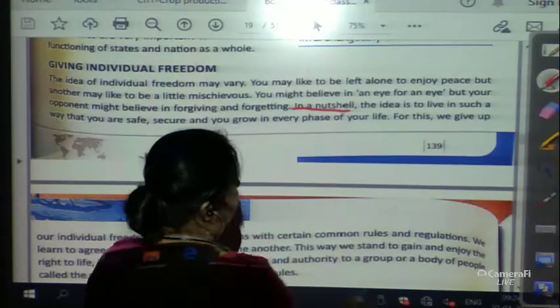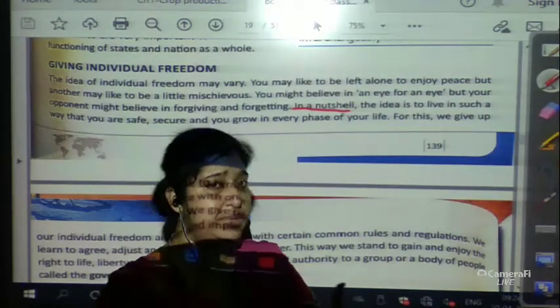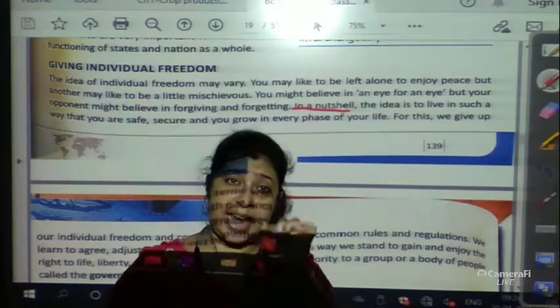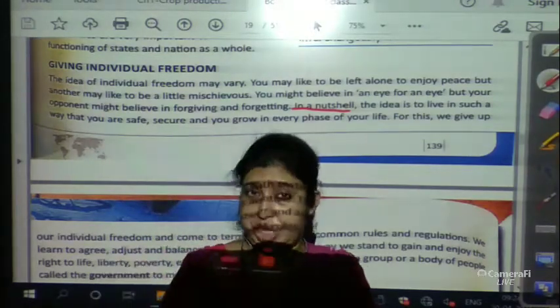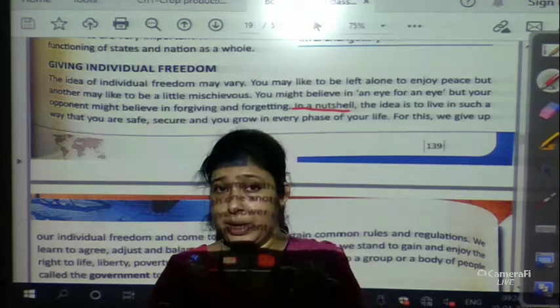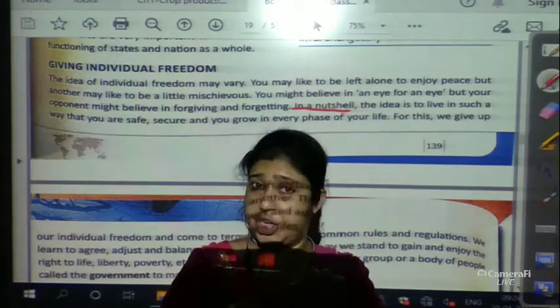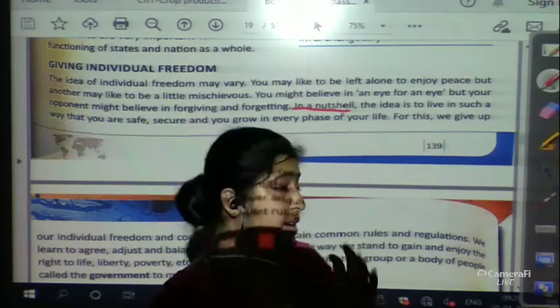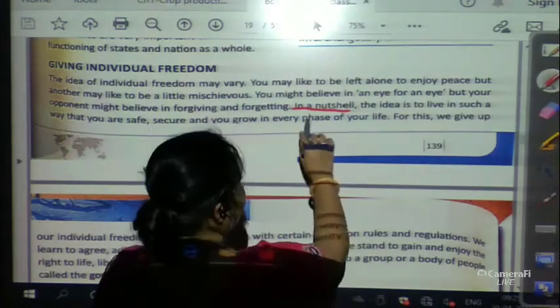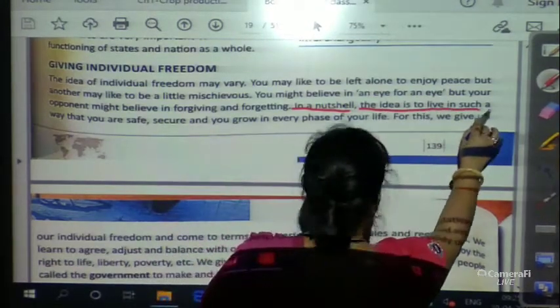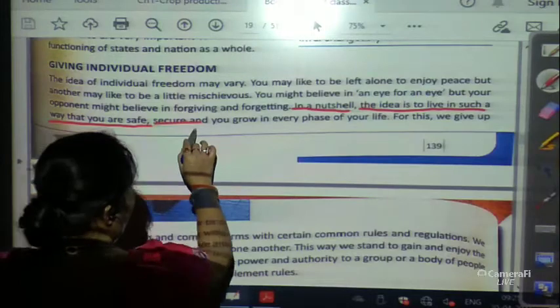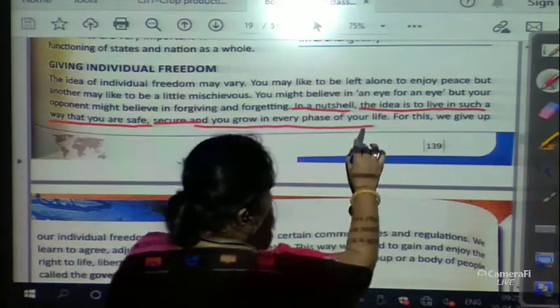In a nutshell. You have seen the nut and it has a shell. When we eat that nut, we open the shell, then we take the nut out of the shell and eat it. So you must have seen the nut and nutshell. So in a nutshell, the idea is to live in such a way that you are safe, secure and grow in every phase of your life.